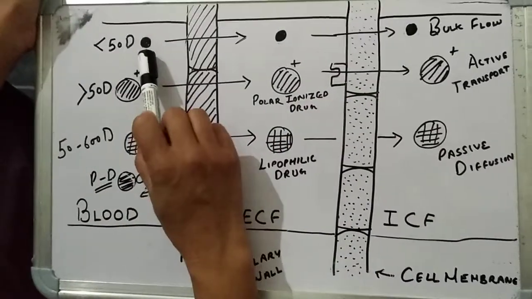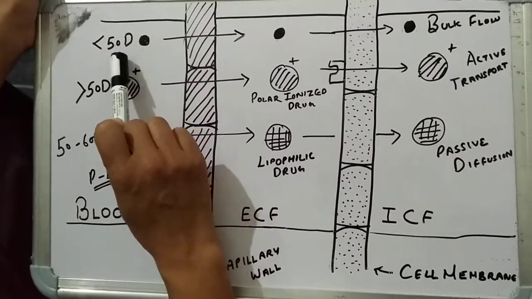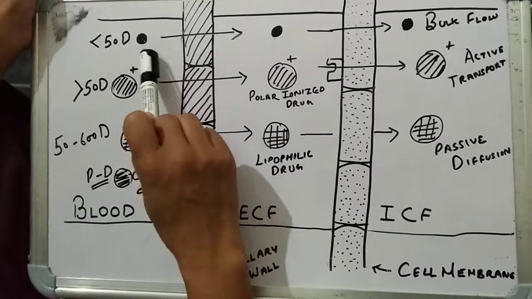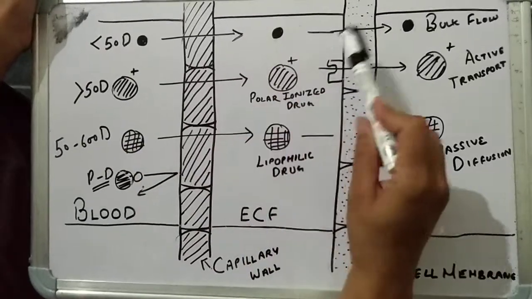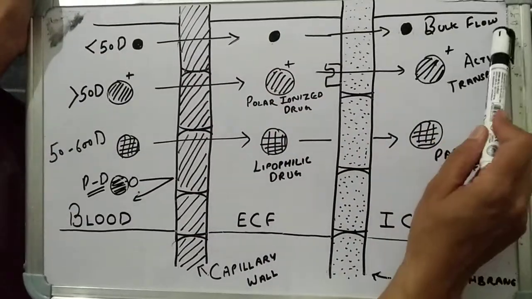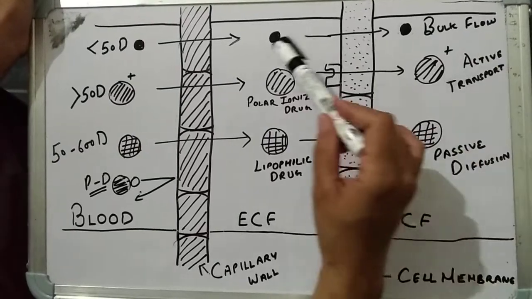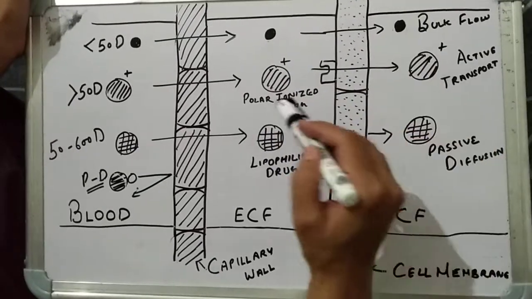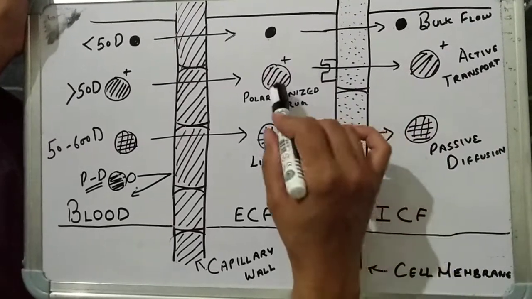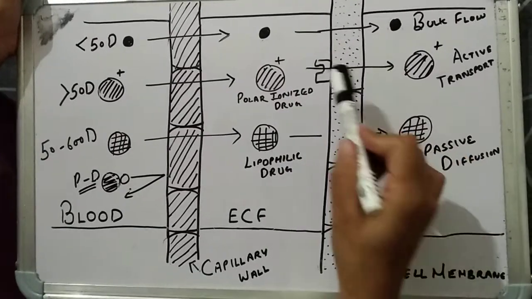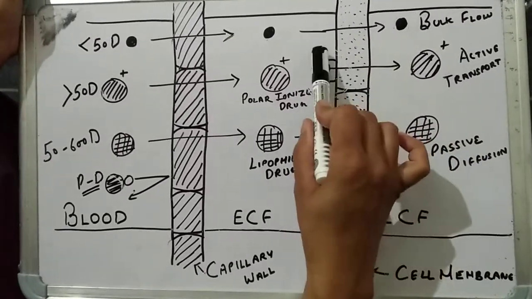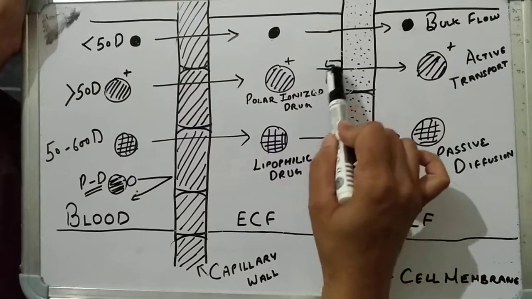Then the less than 50 Dalton molecular weight drugs can easily cross the blood vessels and can also cross the cell membrane via bulk flow through the aqueous pores. The polar ionized drugs can also cross the cell membrane, but they have to use some active transport mechanisms. For example, this is an enzyme.